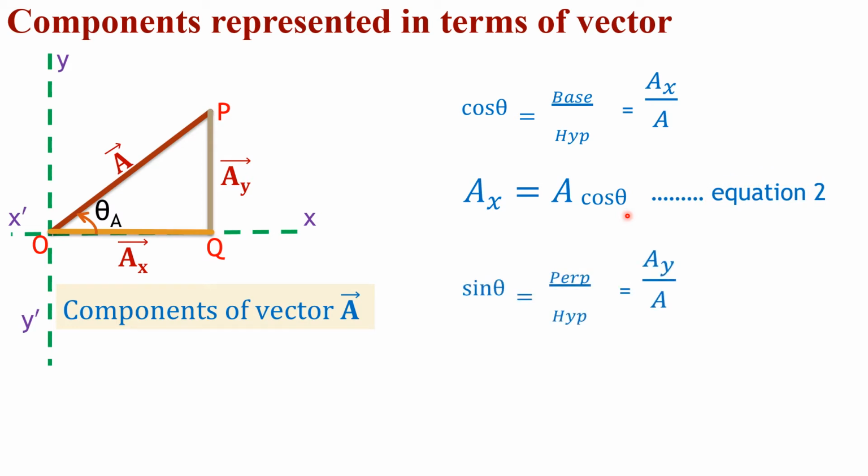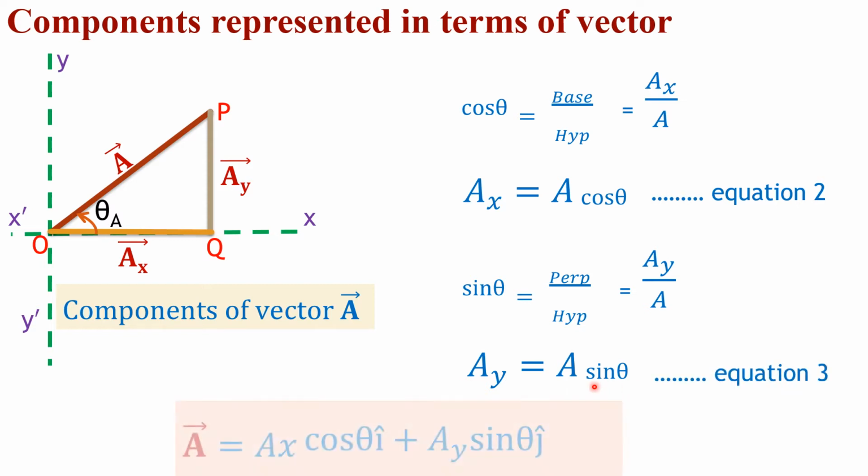Using the trigonometric relation, sin theta is equal to perpendicular upon hypotenuse. In triangle OPQ, hypotenuse is A and perpendicular is AY, the magnitude of vector AY. After rearranging, we get AY is equal to A sin theta. Let's say it is equation number 3.